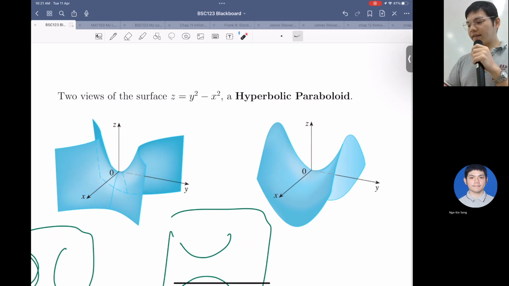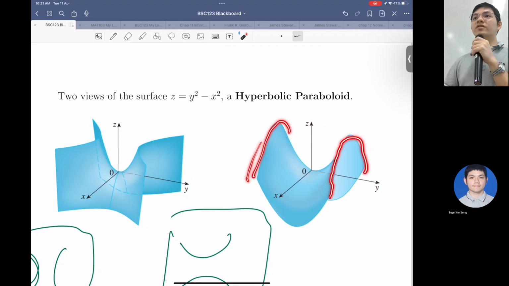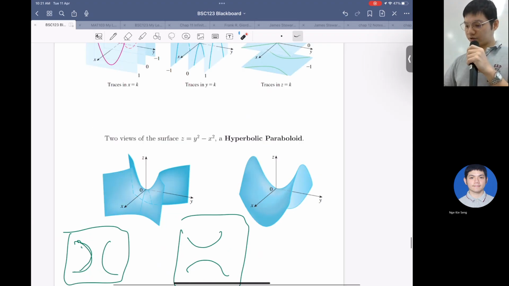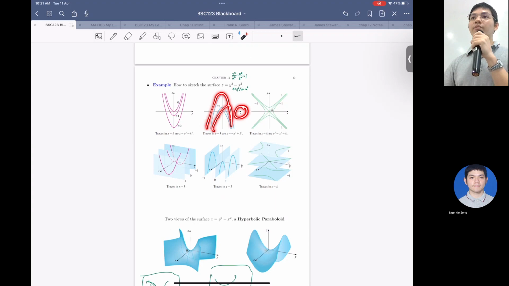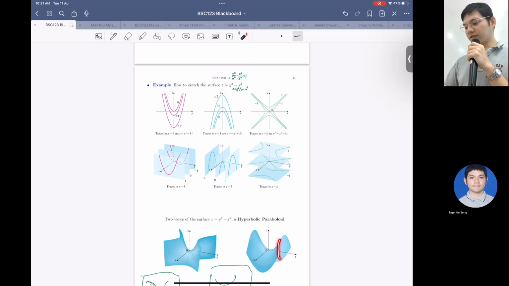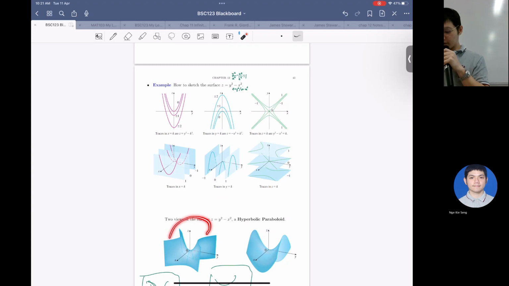So why do they focus on this part? Why they focus on this part is because when you fix x, you will get this hyperbola. That's why they focus on this shape. But really this shape keeps growing up. So that's why you got the original shape here.